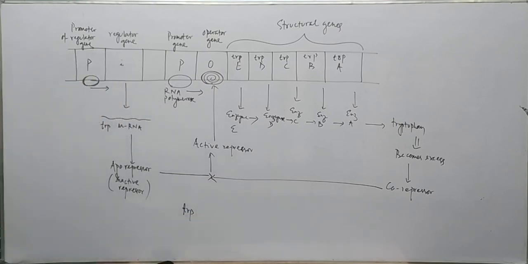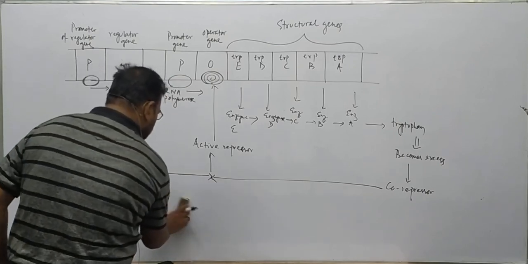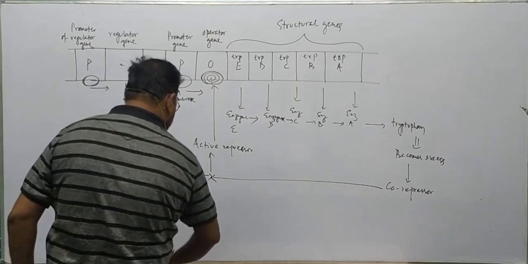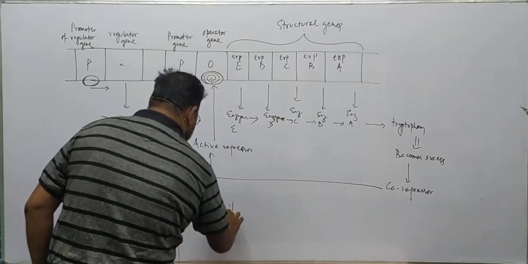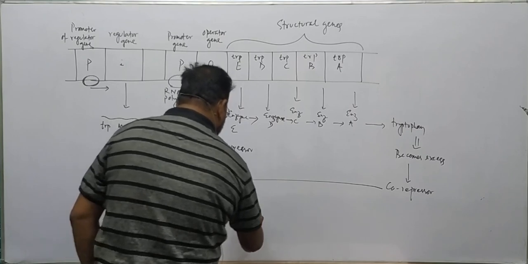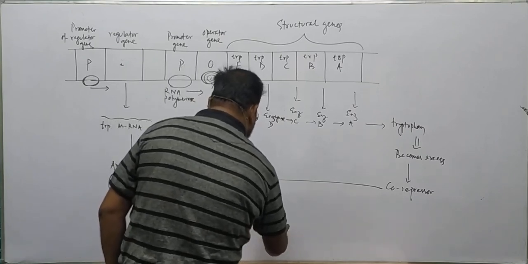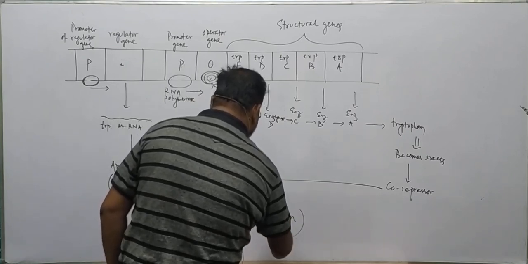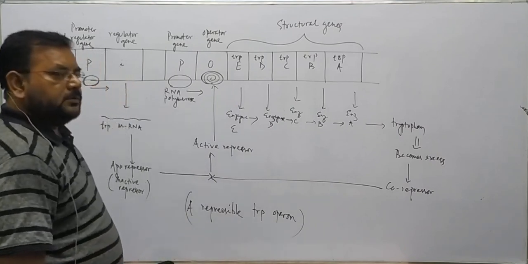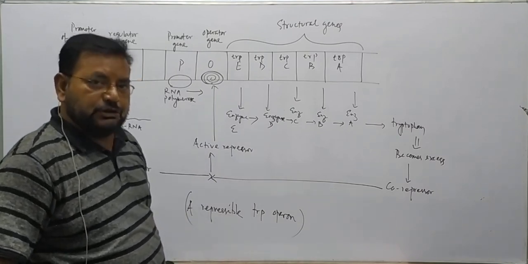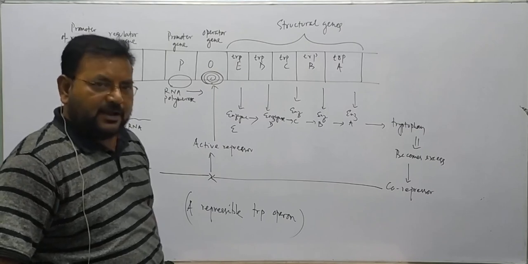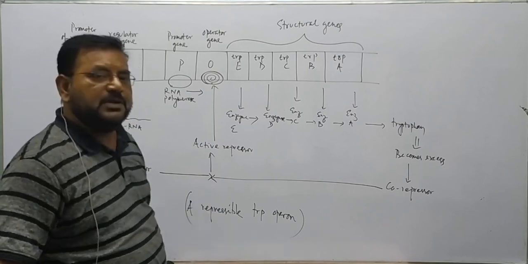This whole we can call a repressible trp operon. So earlier we have studied the lac operon, that is an inducible lac operon. Here it is a repressible trp operon.